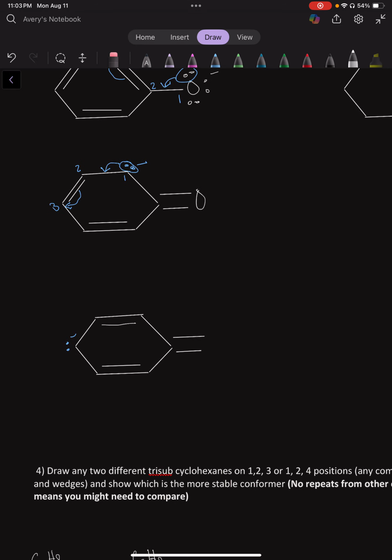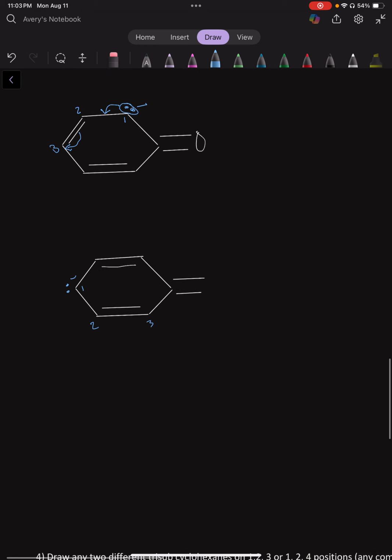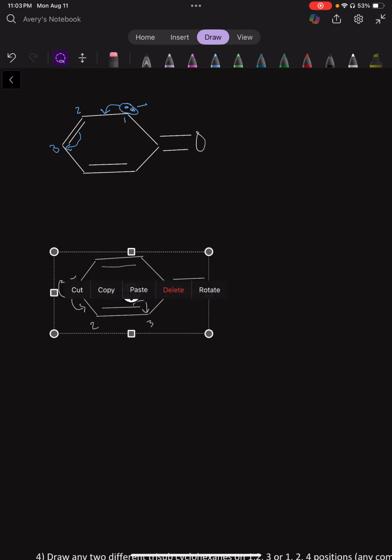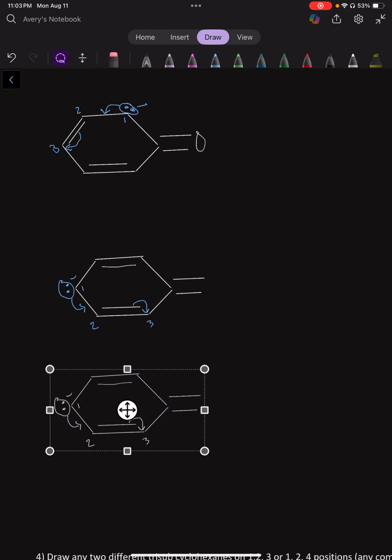So now if we do 1, 2, 3, we have these lone pairs going here to make a pi bond, and this pi bond breaking to make lone pairs.